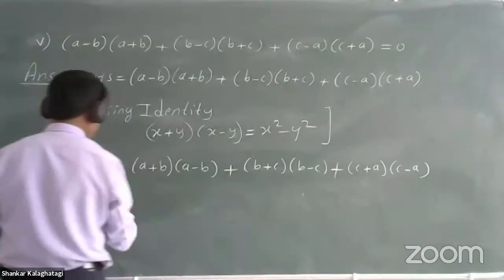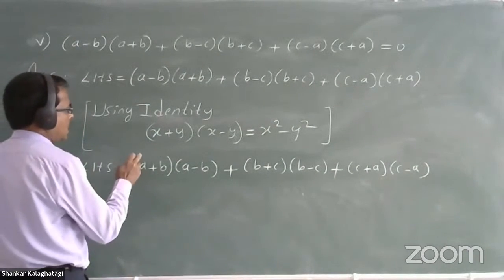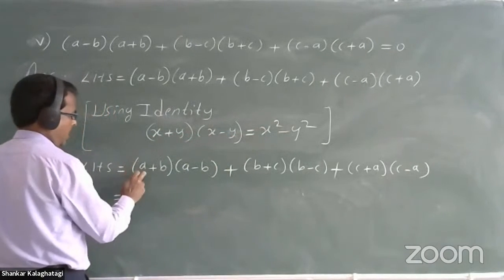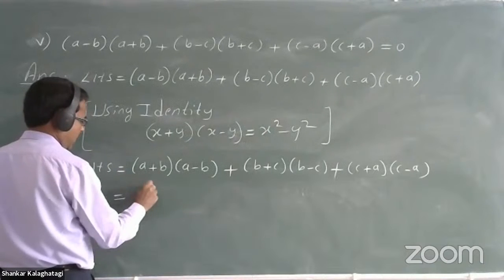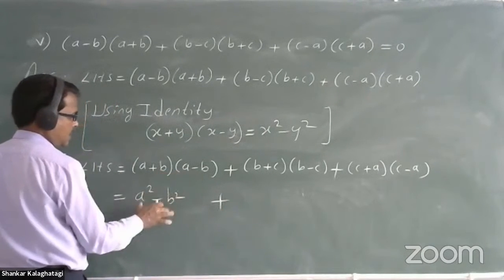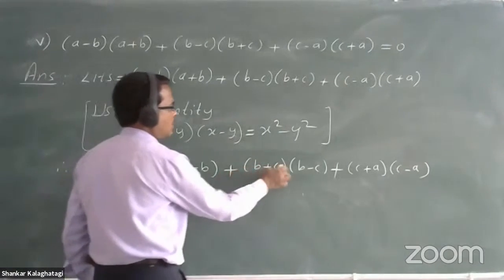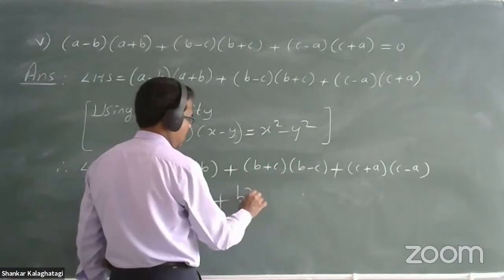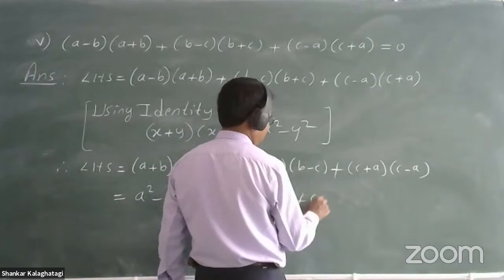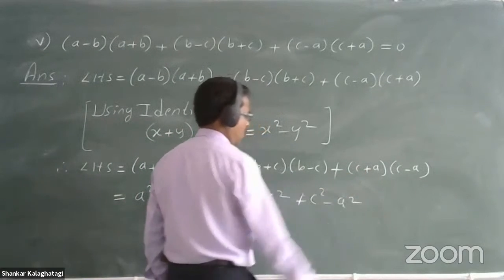This is equal to, X plus Y, X minus Y is X square minus Y square. So A plus B into A minus B is A square minus B square. B plus C into B minus C is B square minus C square. Plus this is C square minus A square.